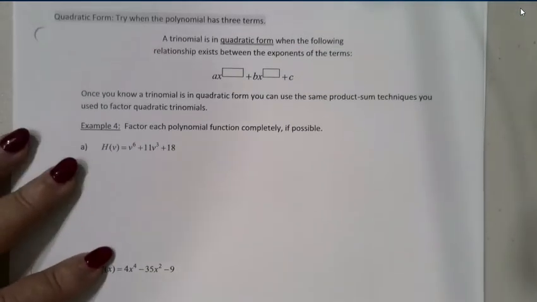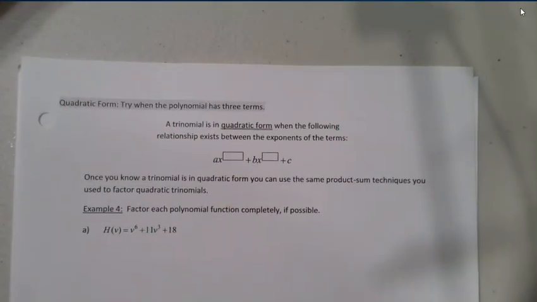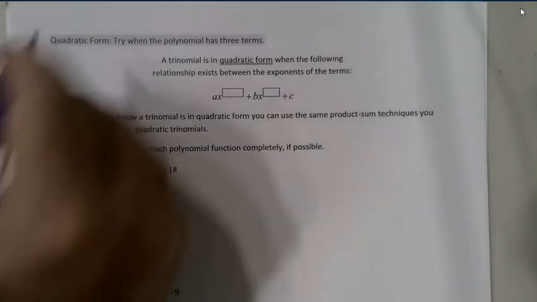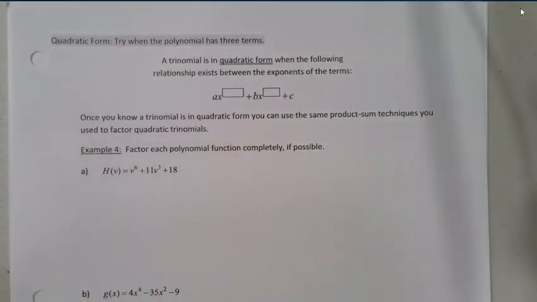What if we don't have 4 terms? What if we have 3 terms? When we have 3 terms, what we usually want to do is check and see if we have something called quadratic form.